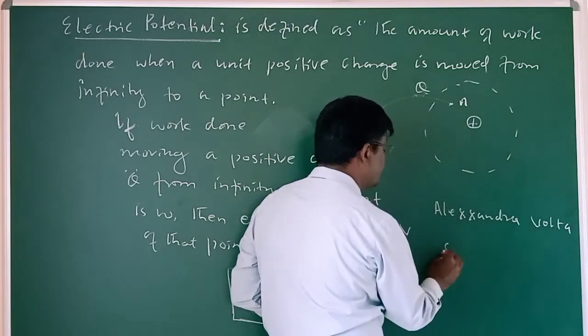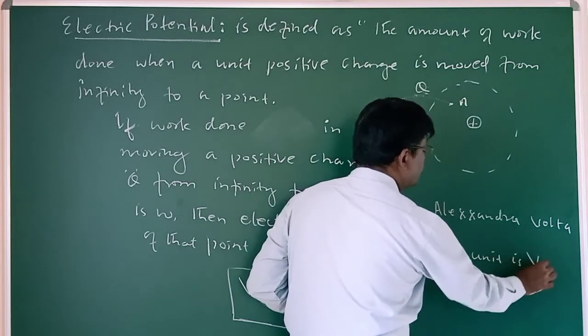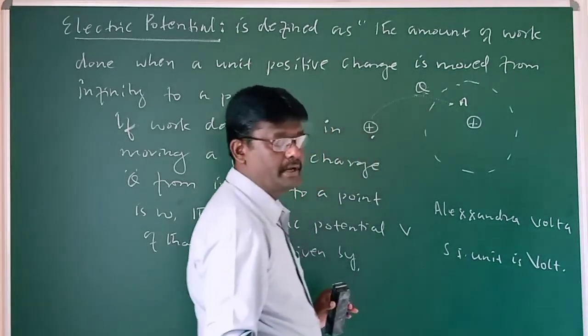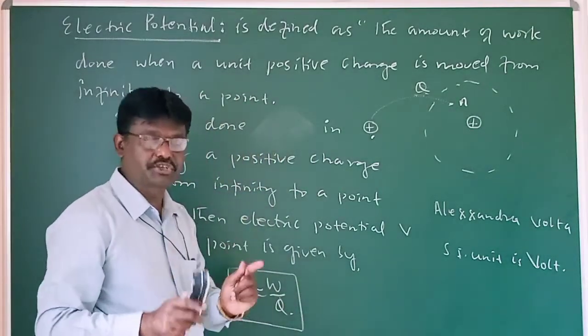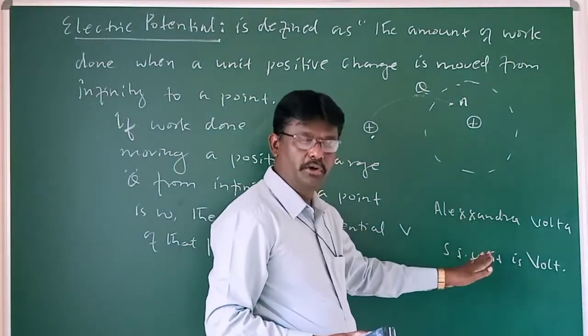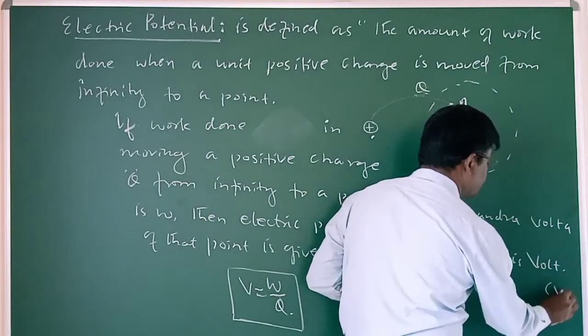Here we have to keep one point in mind. The most important point is this: electric potential symbol is V, SI unit is volt, and even for volt the same symbol V.